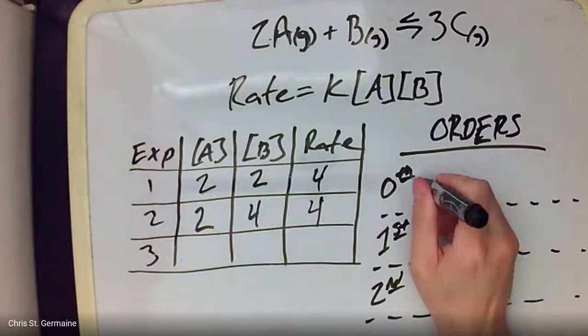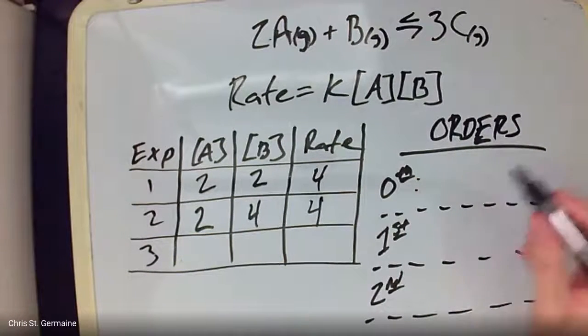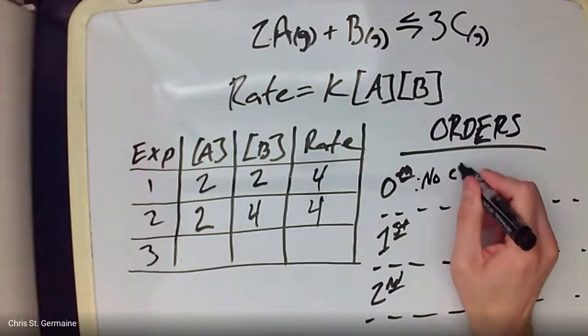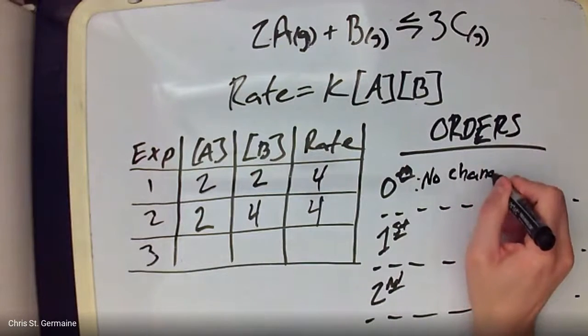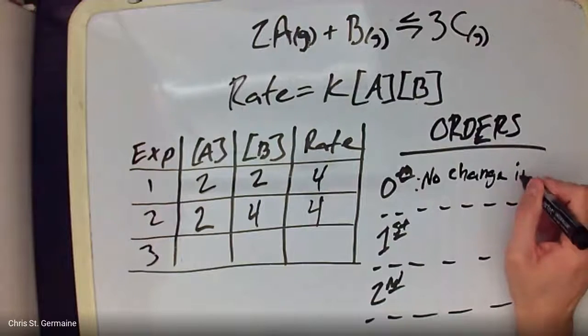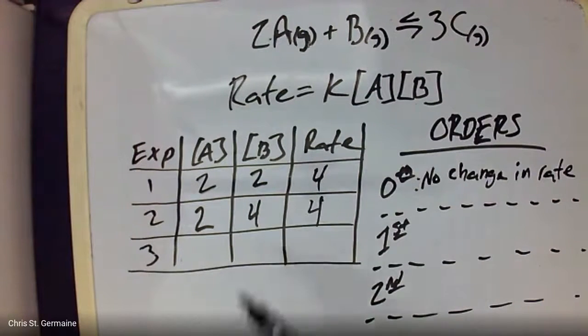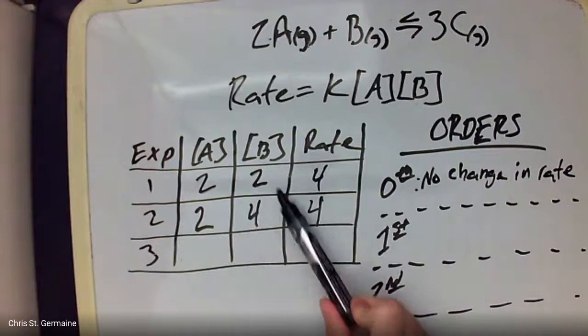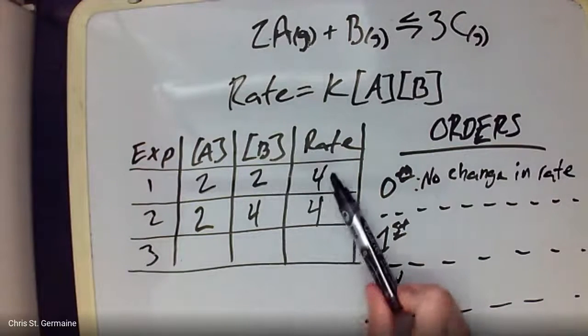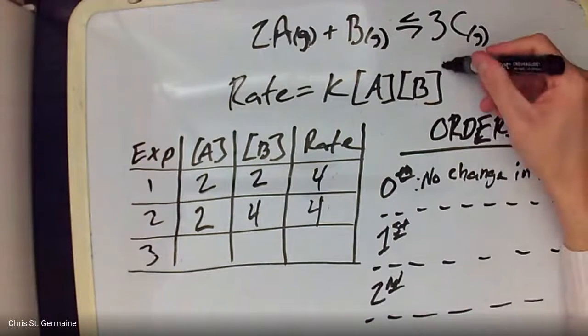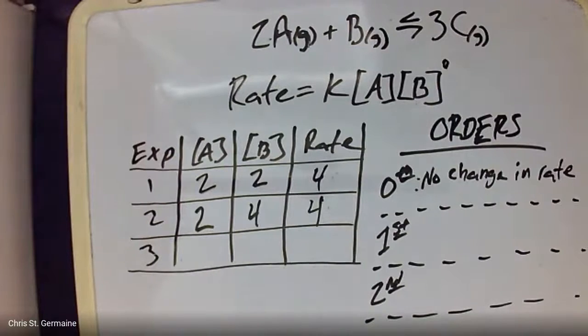So 0th order is when there's no change in rate. All right. So here we doubled B, but rate didn't change. So B must be 0th order. So we can put a 0 up above there.